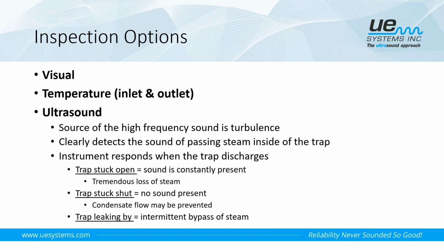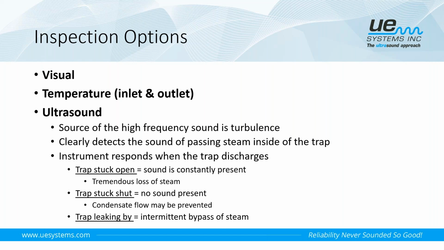If the trap is stuck open or failed open, then sound is constantly present. That creates a tremendous loss of steam because we have live steam passing across the seat 24/7. If the trap is stuck shut or failed closed, then no sound will be present, and condensate flow may be prevented, so the trap is not able to release condensate.